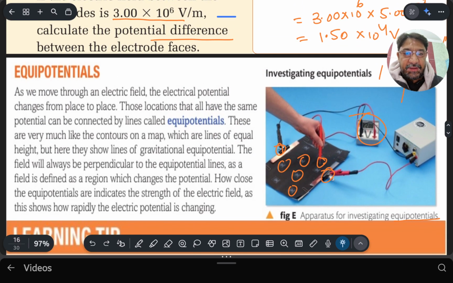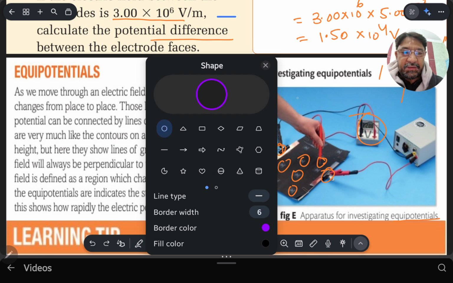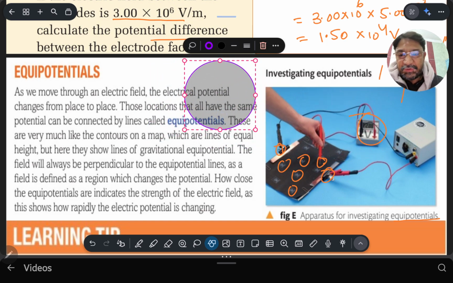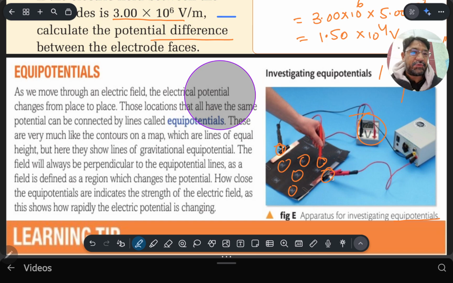For example, if I have a charged particle, usually these equipotential surfaces are circular. Let me draw it here, although it is not good that I'm drawing on the notes.